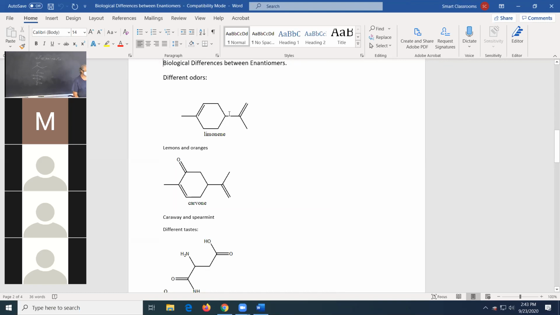Okay, right here there's a hydrogen. Your olfactory receptors are chiral, and they recognize molecules based on their shape. So for limonene, one enantiomer smells like oranges, the other one smells like lemons.